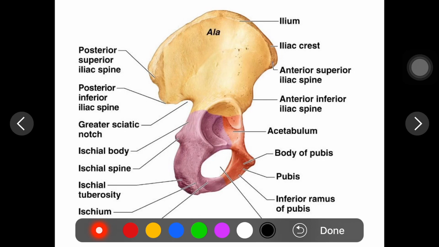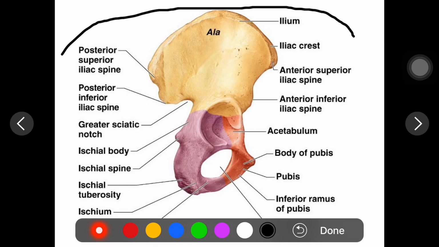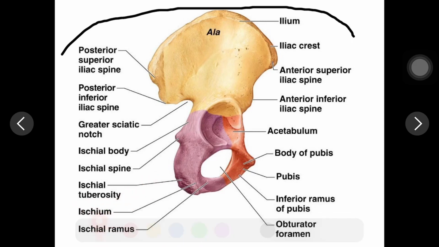This is the bone that is attached to the sacrum by the sacroiliac joint. As I told you at the start, it is formed from the ilium first, second the pubis, and the third is the ischium, which you see clearly here.